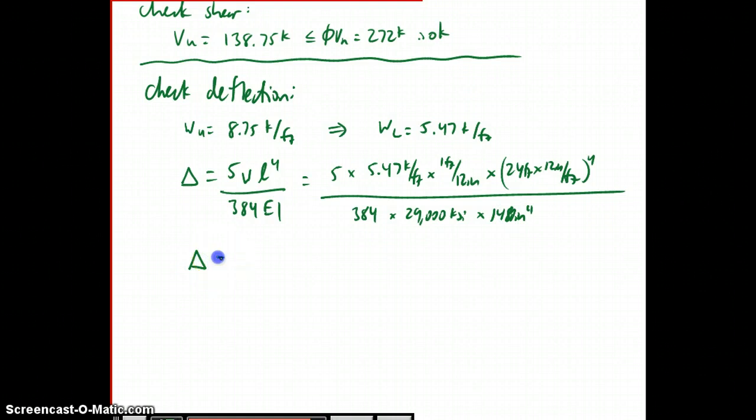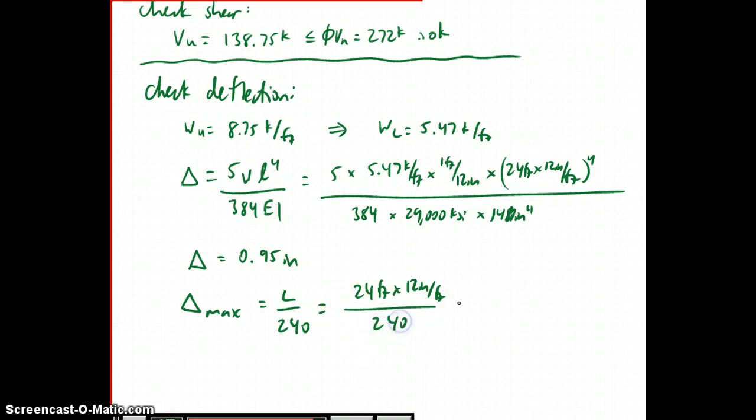We get a deflection of 0.95 inches. And the max deflection allowable due to a roof condition is L over 240, which is 24 feet times 12 inches per foot divided by 240, which is equal to 1.2 inches. So deflection is equal to 0.95, which is less than or equal to delta max, which is 1.2 inches. Therefore, this beam is okay in deflection.